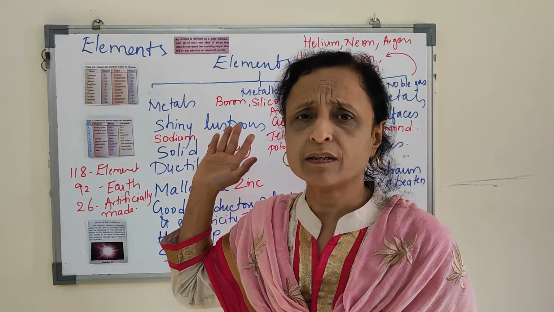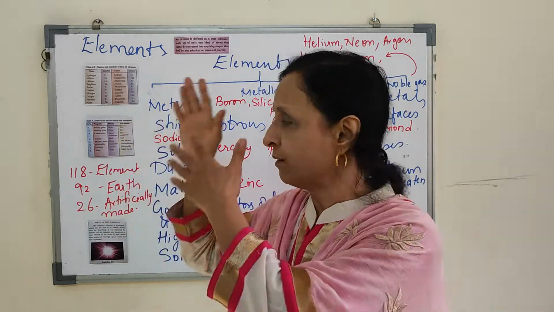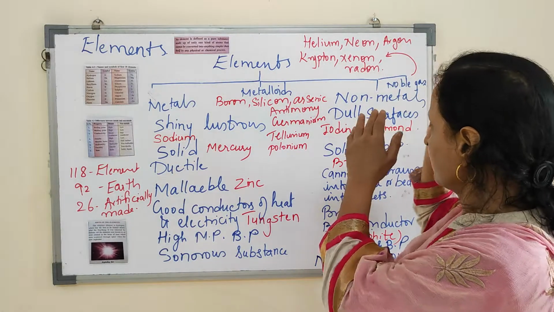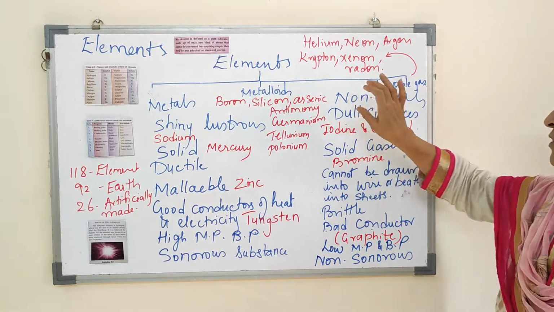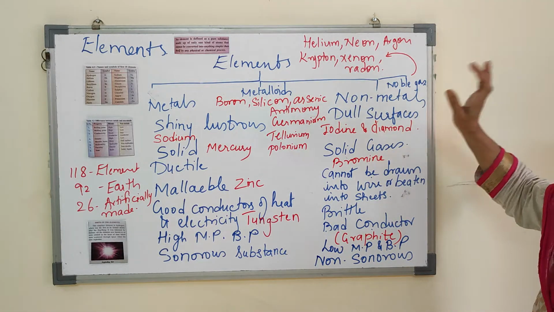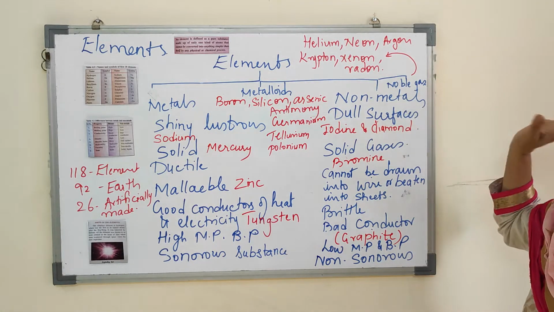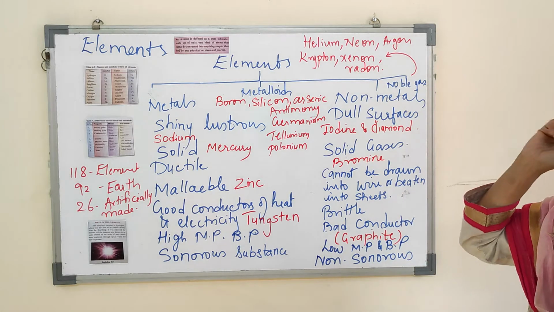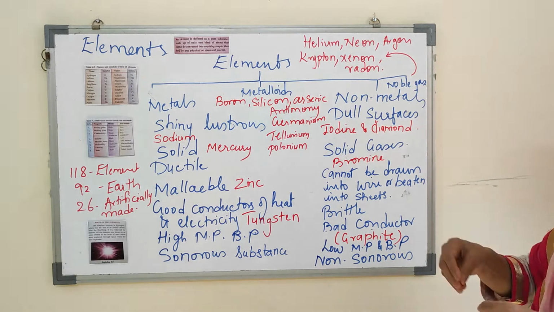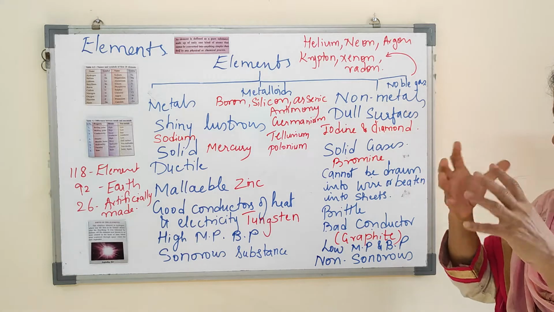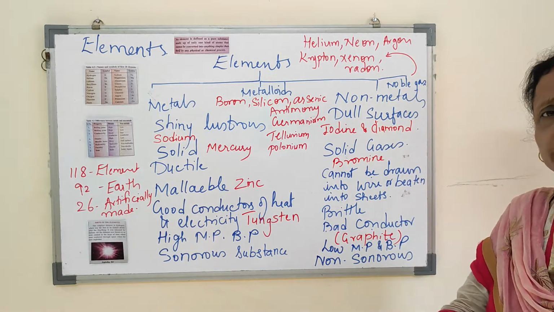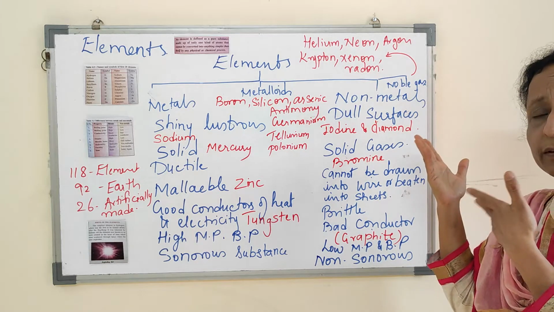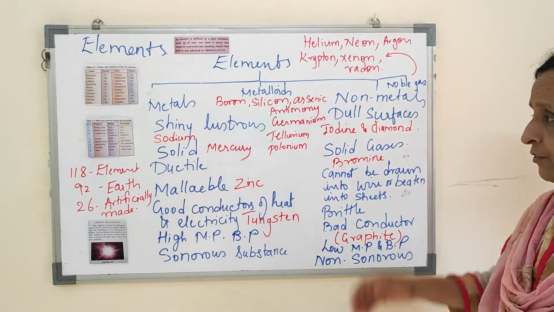So, a few exceptions, but in general, these are the properties of metals and these are the properties of non-metals. So metals are shiny, lustrous; non-metals are dull, except iodine and diamond. Diamond is carbon, carbon, carbon. The position of carbon is such that they form diamond. So where we find coal, we find diamond also. Diamonds are shiny and lustrous.